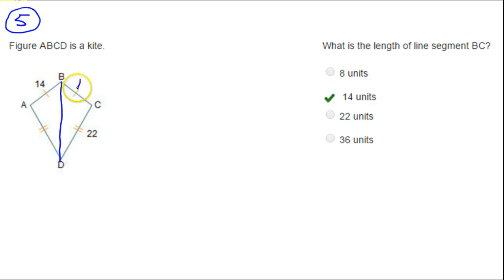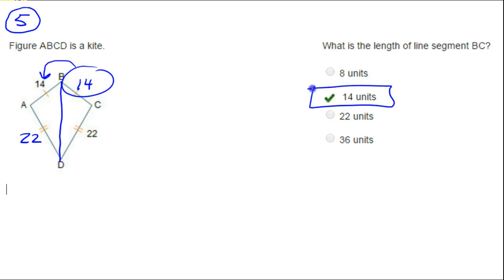If this is 14 on the left, then this is 14 on the right. If this is 22 on the right, then this is 22 on the left. What is the length of segment BC? Well, that's 14. It's the same as AB.